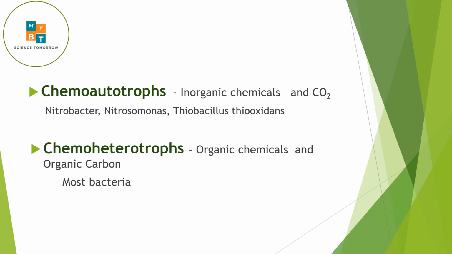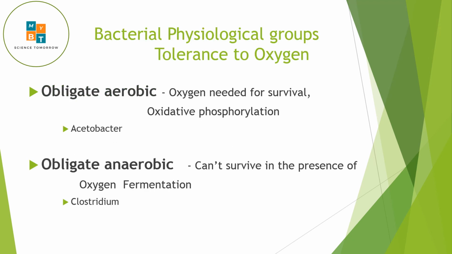That means they use others' carbon and others' energy source. Most bacteria are chemoheterotrophs. So we have four nutrition types: photoautotroph, photoheterotroph, chemoautotroph, and chemoheterotroph.